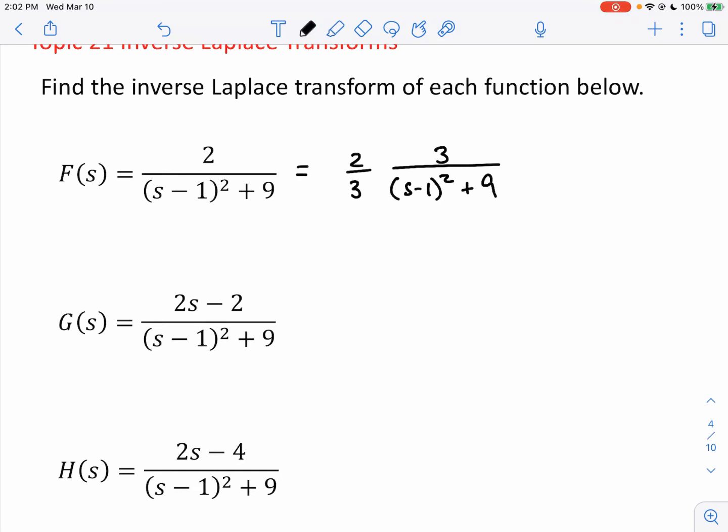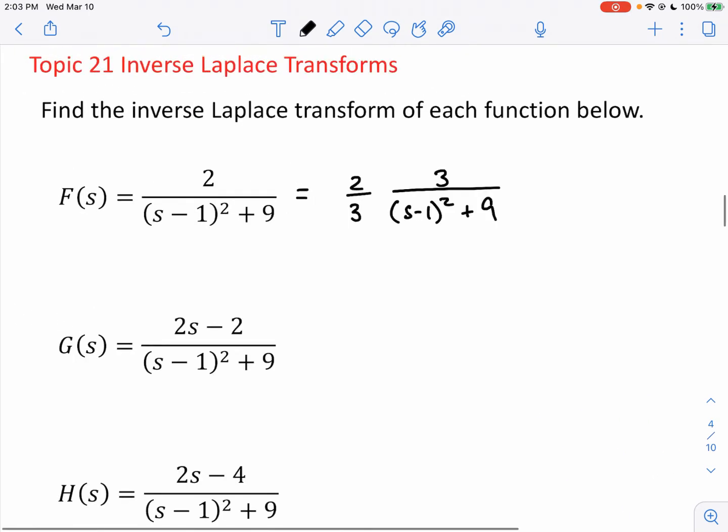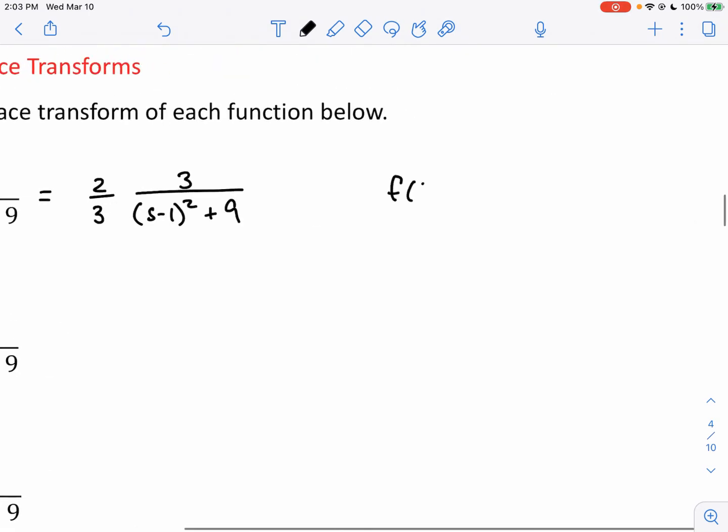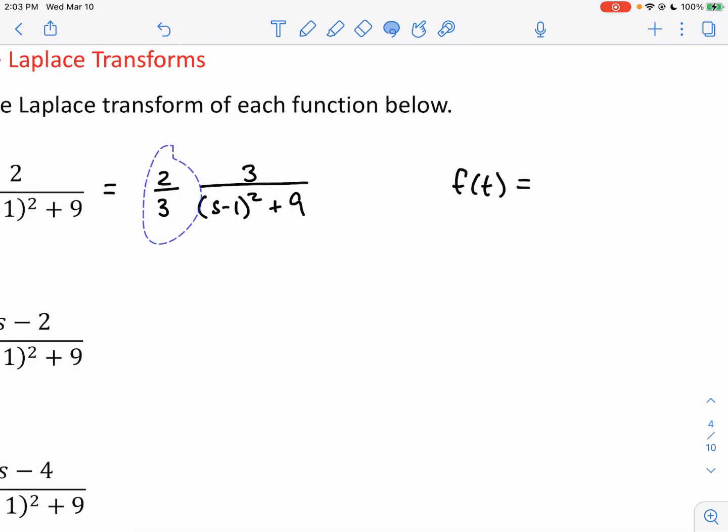Now I can recognize that the b is 3, because there's the 3 and the 3 squared, and the a is 1. So therefore the inverse Laplace of this was capital F, so little f of t is going to be 2/3 in front, and then e to the at, where a was 1, so just e to the t, and then times the sine of bt, and b is 3, so sine of 3t.